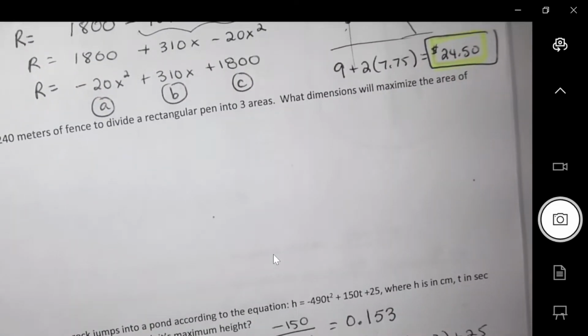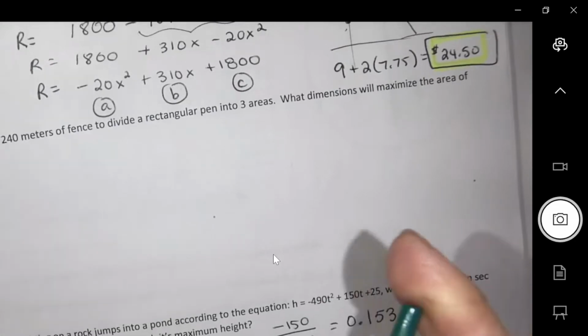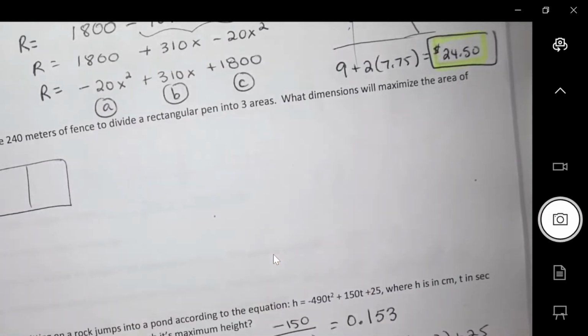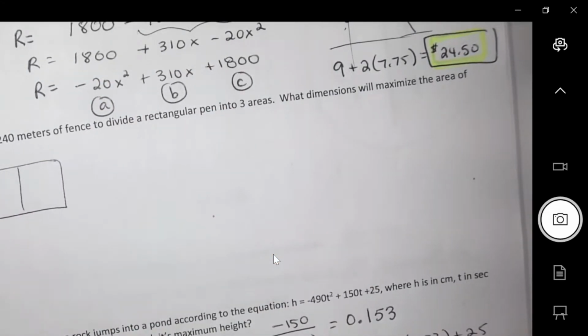Okay, number 2. You have 240 meters of fence and divide a rectangular pen into 3 areas. So think about having cows, horses, and pigs, separate pens like that. What we're going to start with is we're going to put some L's and W's on this to represent lengths and widths.